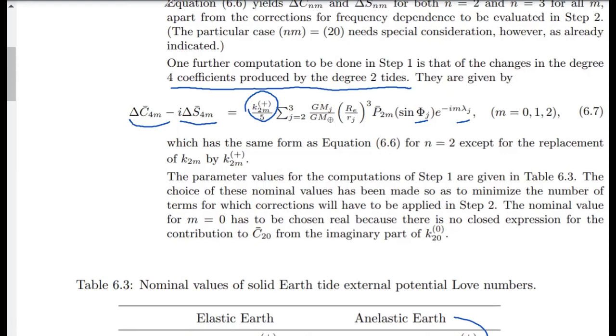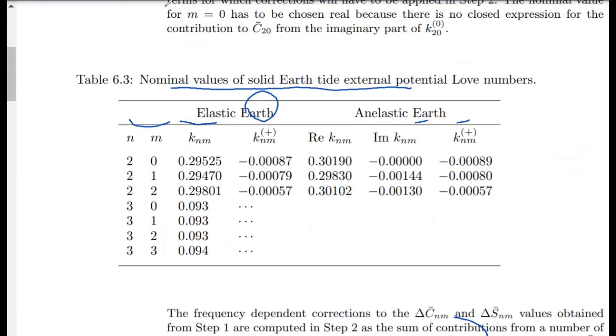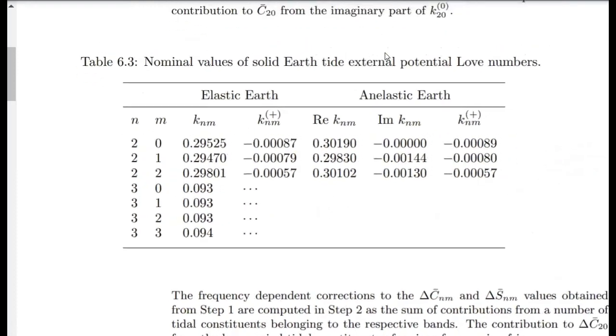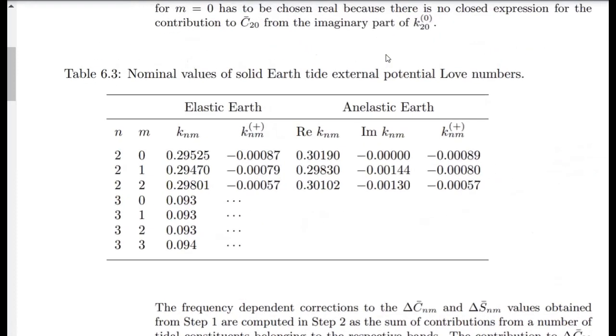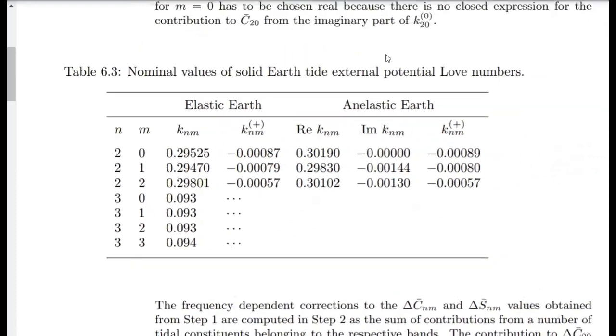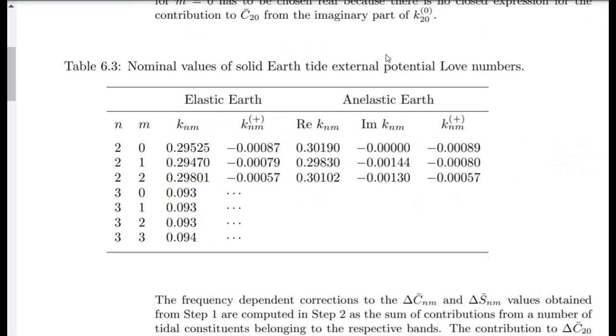So if I continue here, if you want to consider this k and M, if you consider the Earth elastic, then you will consider this Love number. And when you consider the Earth inelastic, then the Love number will be complex.